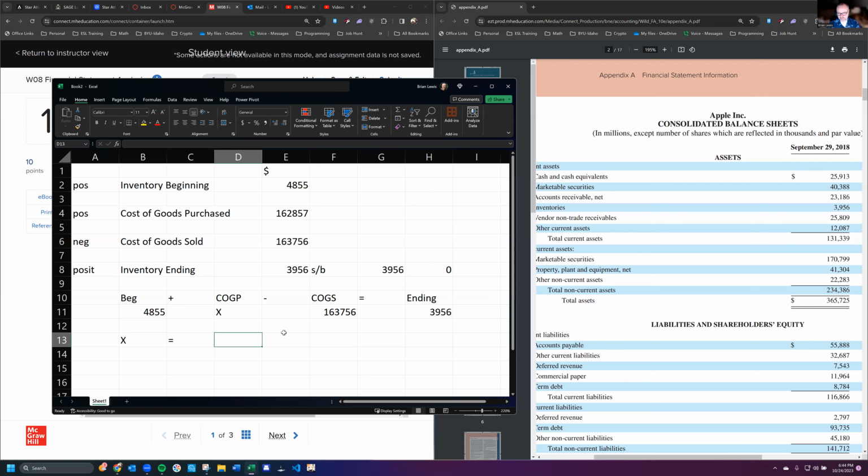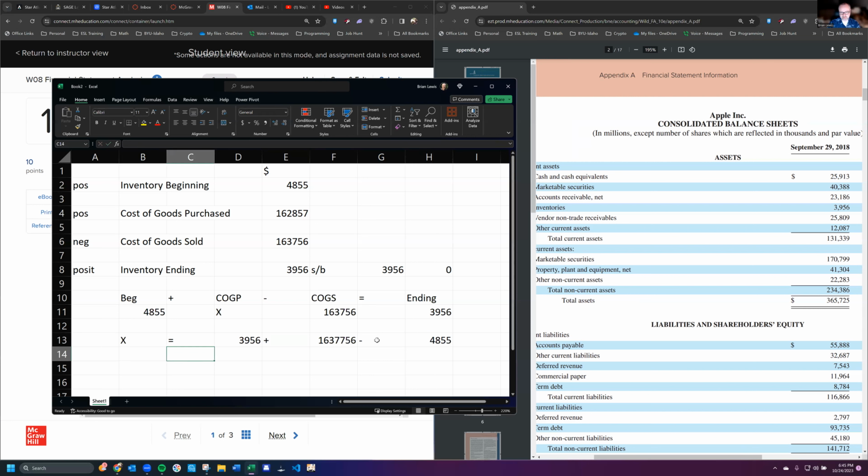So we'll start off with 3956, and we're moving this over there, so it becomes a plus 163,756, and we're moving this plus over there, so it's a minus 4855.